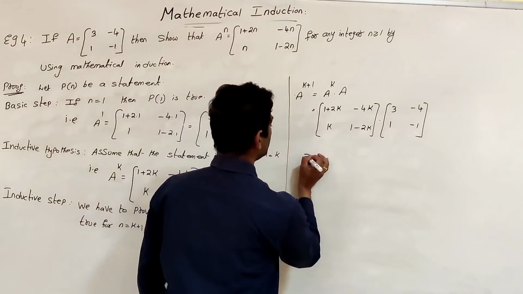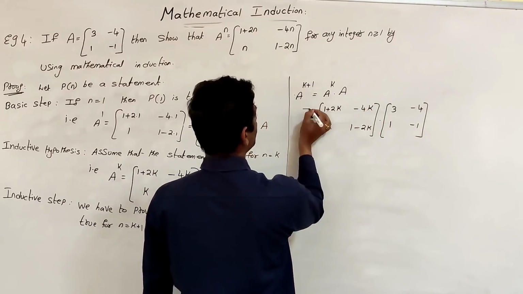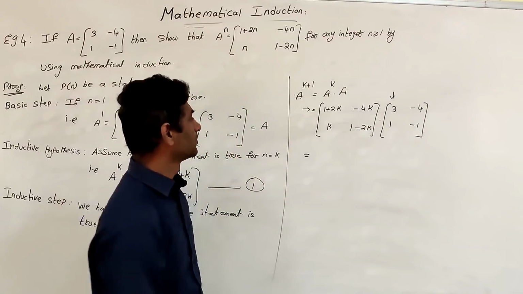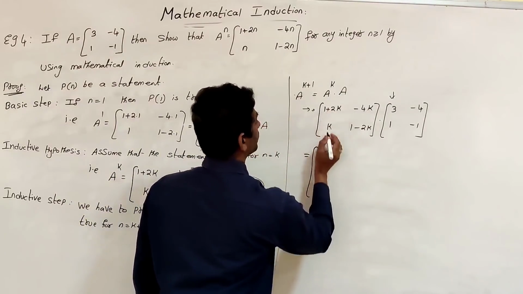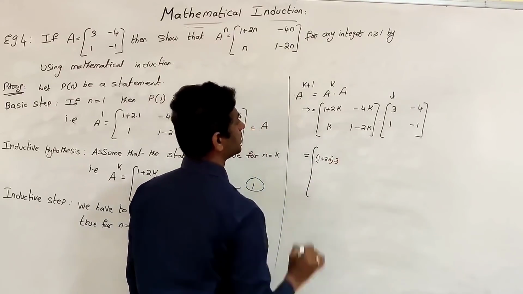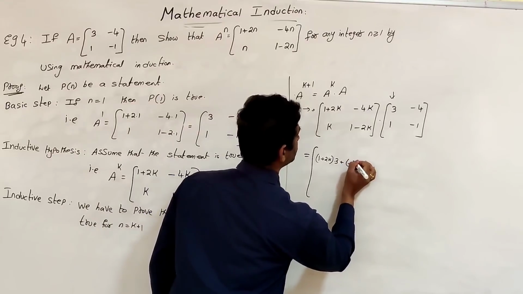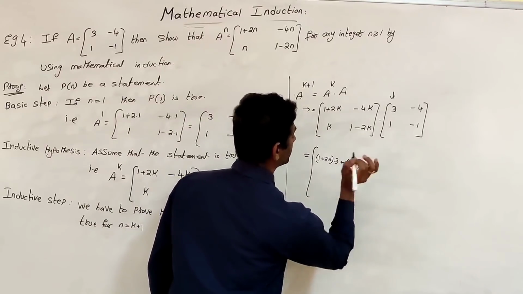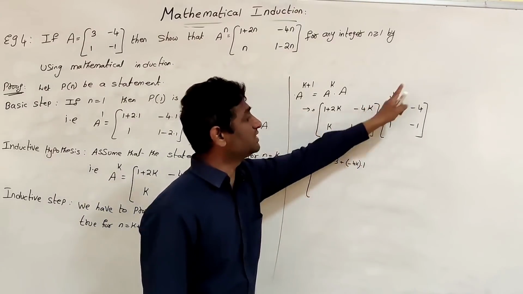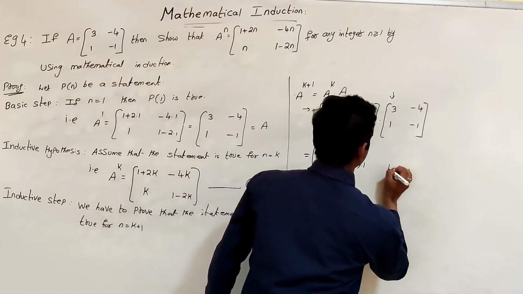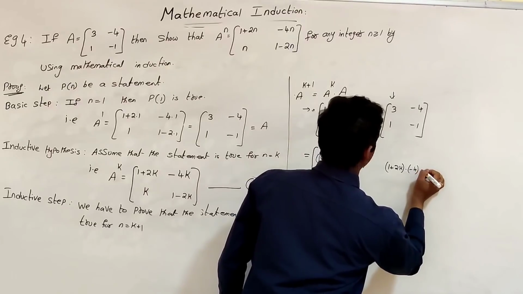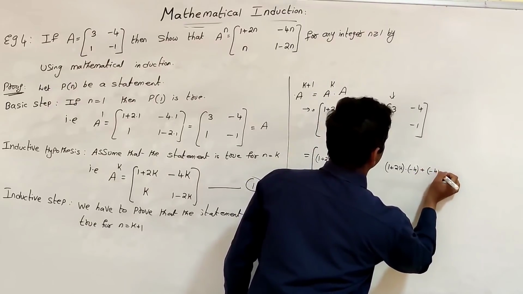Now how can we multiply? This is a row and this is a column. Row 1 with column 1 elements: that is 1 plus 2k into 3, plus minus 4k into 1. First row with first column elements. Next, first row with second column elements: 1 plus 2k into minus 4, plus minus 4k into minus 1.